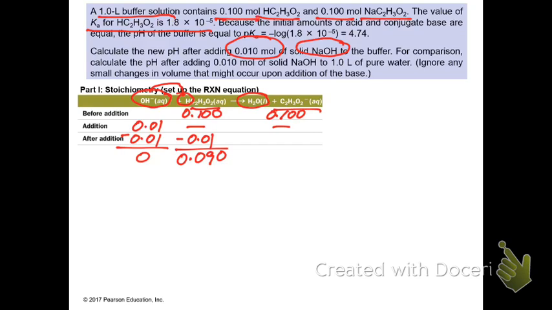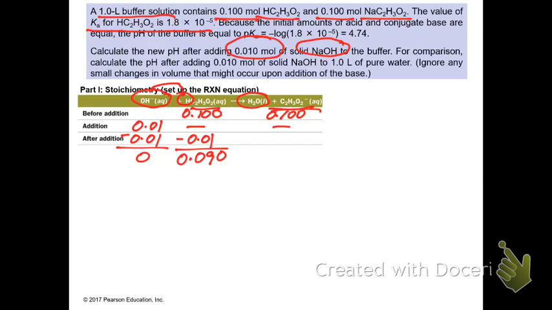Okay. And because the sodium hydroxide is reacting with the acid, the hydrogen is being taken out by the hydroxide ion, right? It's taken away by the hydroxide. And so when hydrogen leaves this acetic acid, you're generating more of the conjugate base, which is the acetate ion.